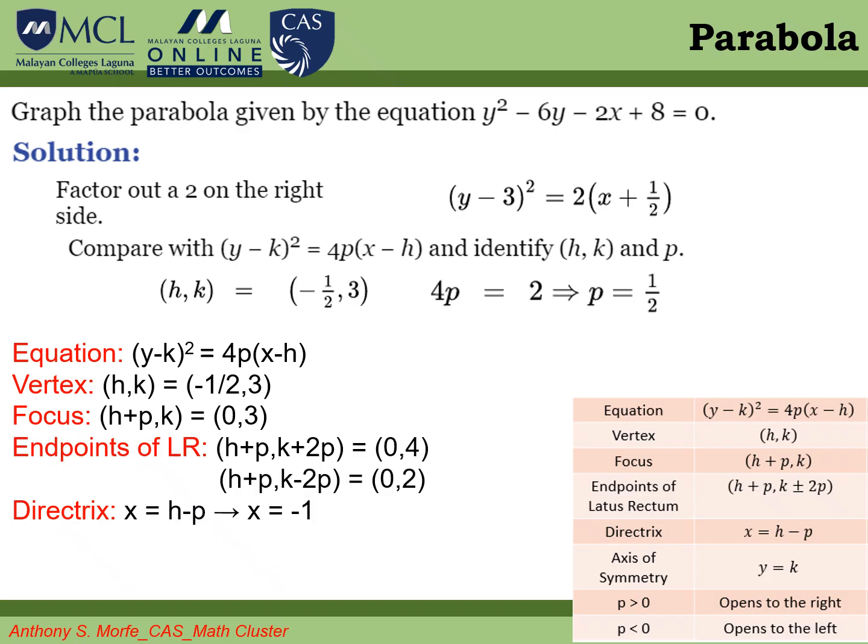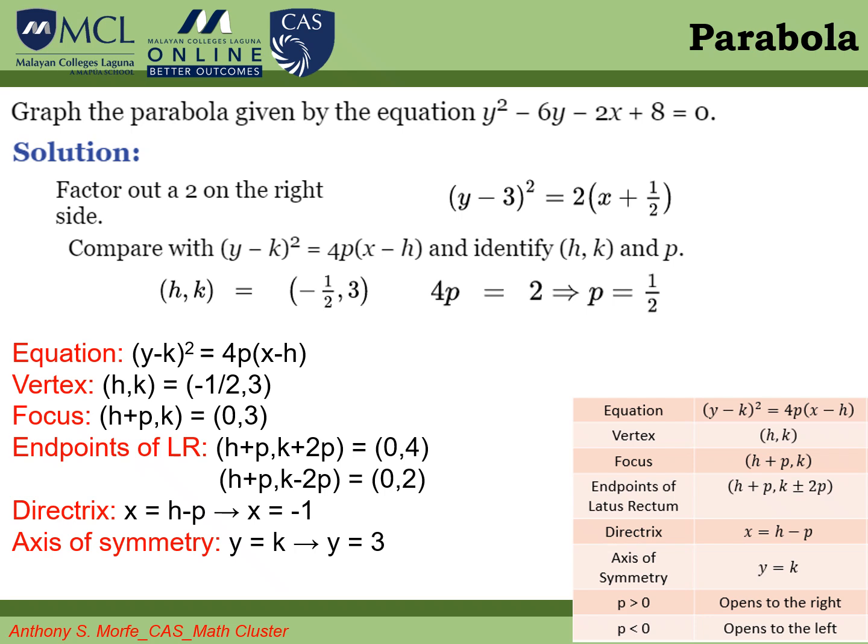So minus 1/2 minus 1/2, we got negative 1. So that's the directrix. And we know that p is positive, so therefore the parabola opens to the right. If y is being squared, it opens right or left, but since p is positive, the parabola opens to the right.